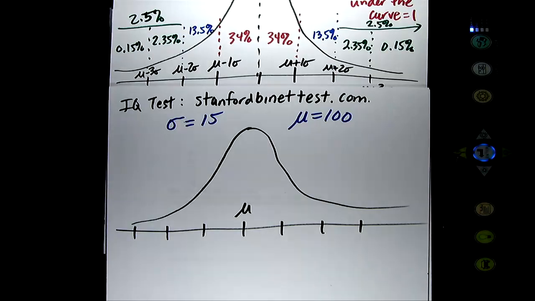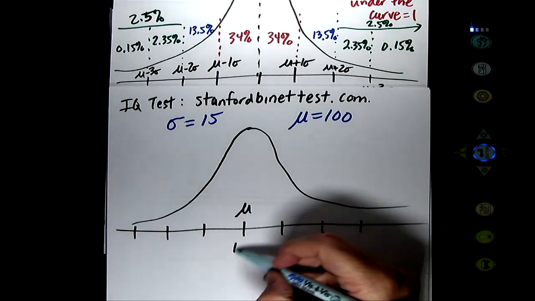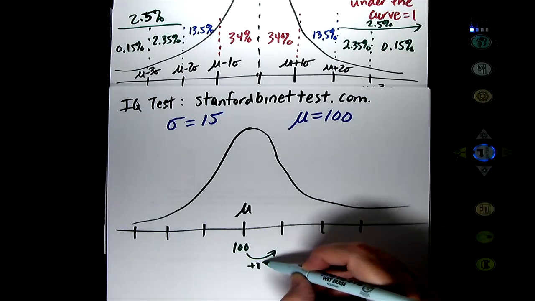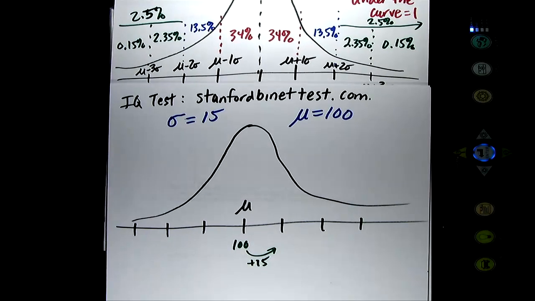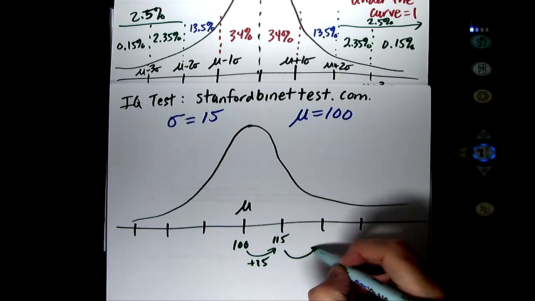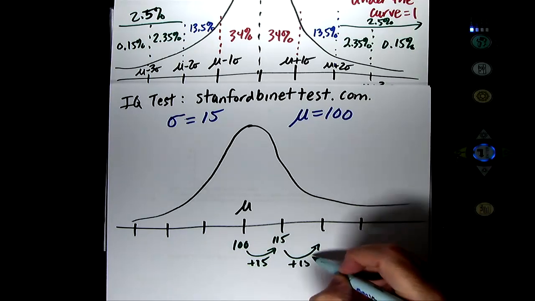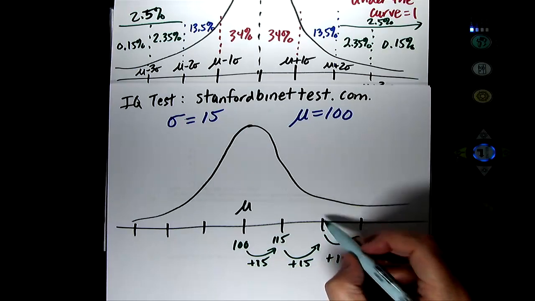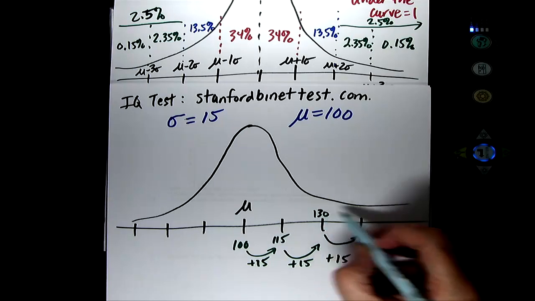I'm going to put it in the middle. And as I go to the right, I'm going to add the value of the deviation. So the standard deviation is 15. I'm going to add 15 as I go to the right, and keep doing it 3 times. That'll give me a 130 there and a 145 here.